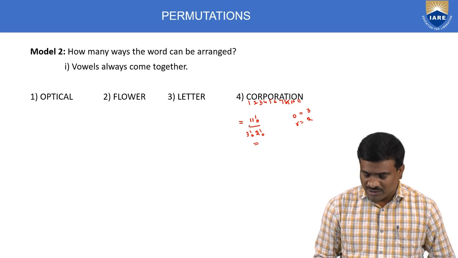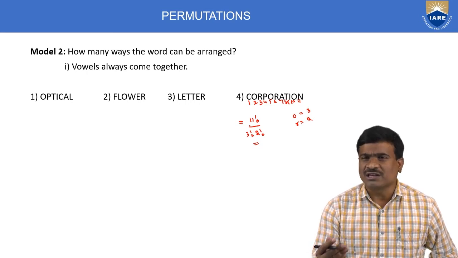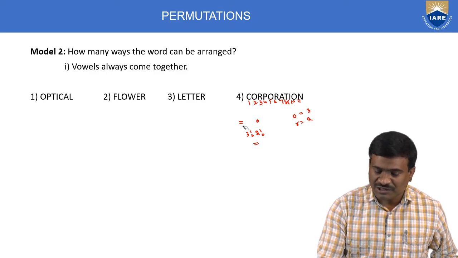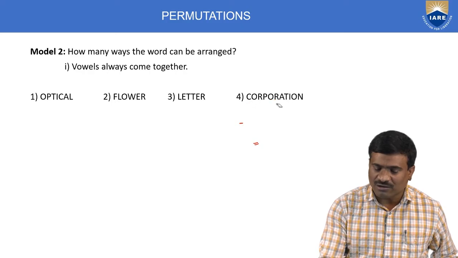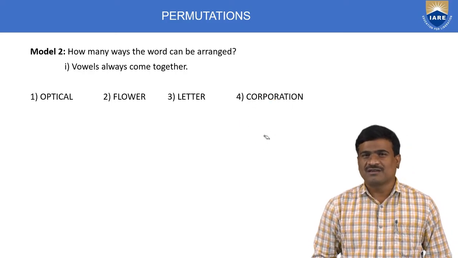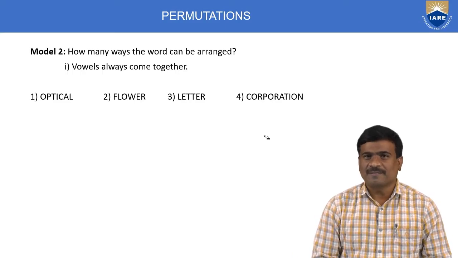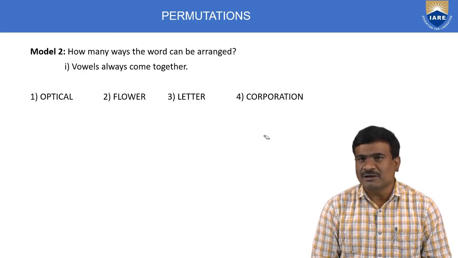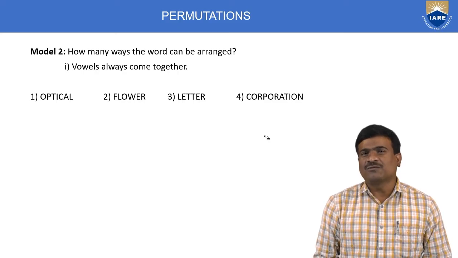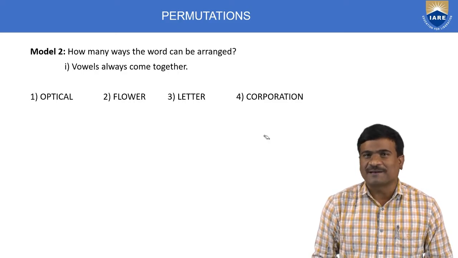In model 1 there is no extra condition. In model number 2, we have an event condition. That event condition is that all the vowels always come together. Please note, the second model is important. Here is the first example: how many ways can the word be arranged such that all the vowels always come together?